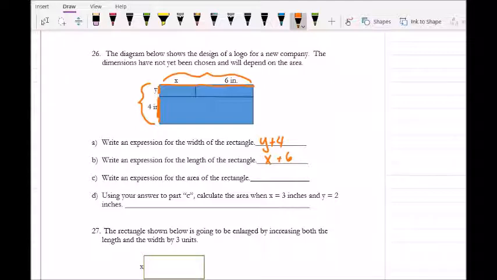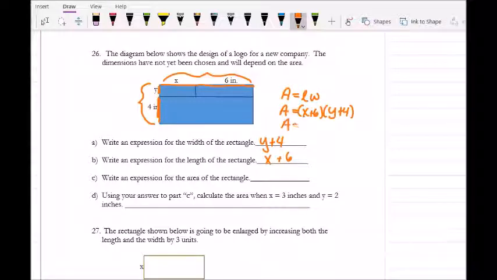Okay, so like we said earlier, area of a rectangle is length times width, and the length we just said is x plus 6, and the width is y plus 4. So we have to multiply those two together. Make sure you write those in parentheses because we're multiplying the whole binomial by the whole binomial. So very important to write that in parentheses.